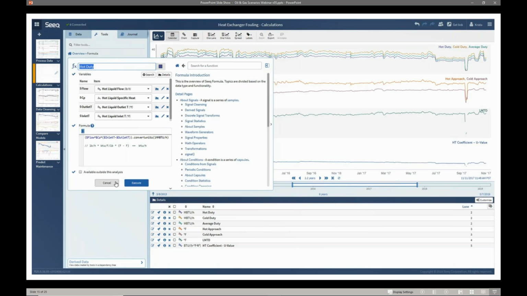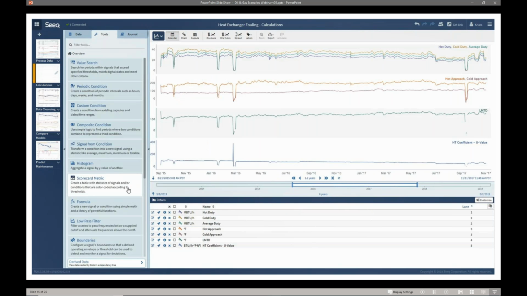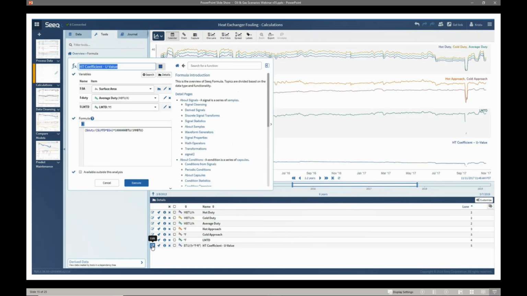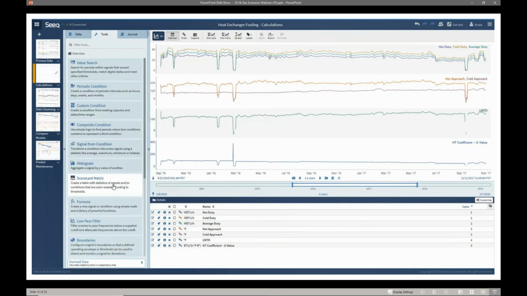I can repeat this for my cold duty. I can also calculate my log mean temperature distribution, and other relevant parameters to ultimately calculate my heat transfer coefficient from my surface area, average duty, and log mean temperature distribution. Once I have this heat transfer coefficient, now I'm able to proceed with my analysis.